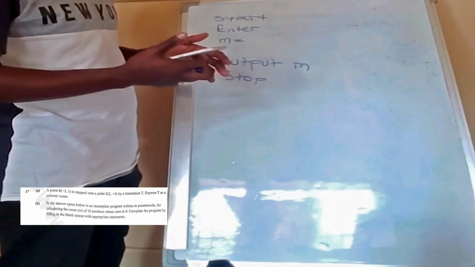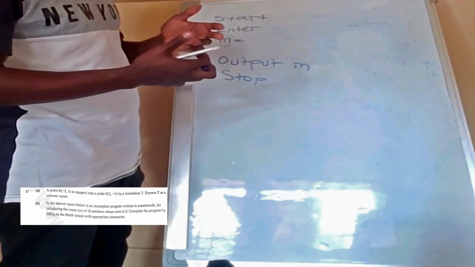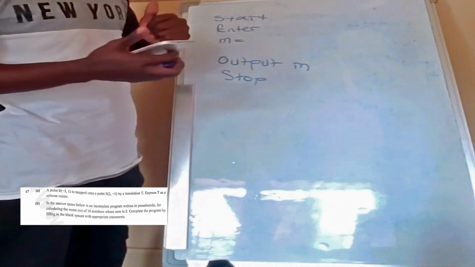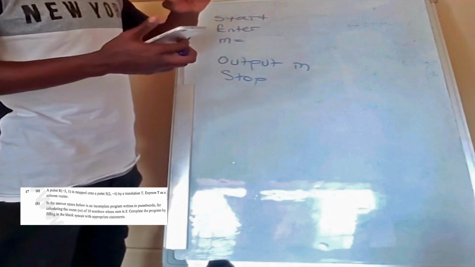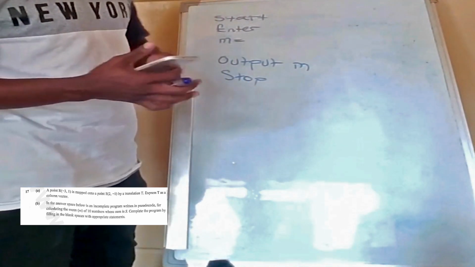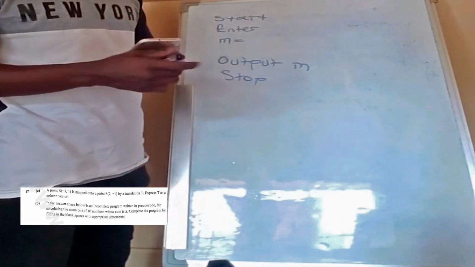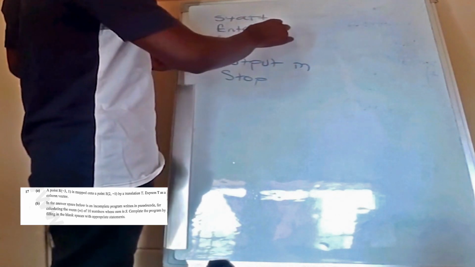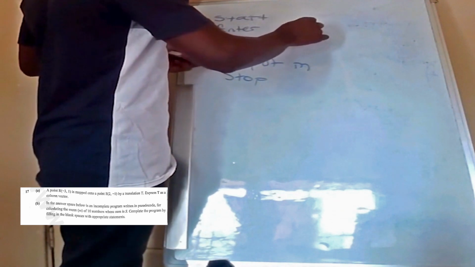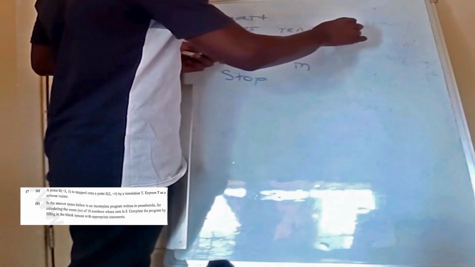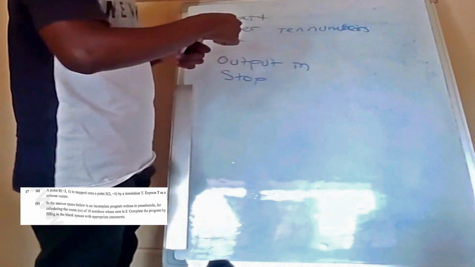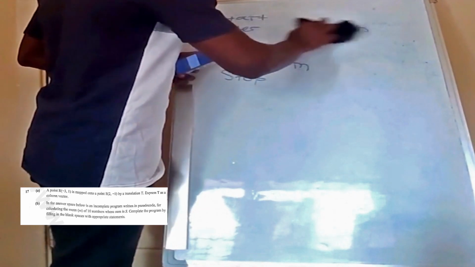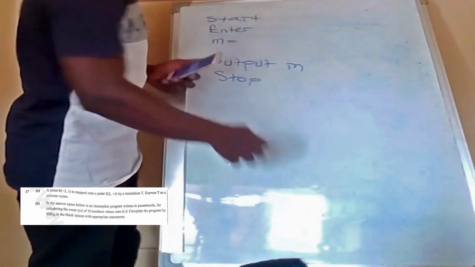So you're told this is a pseudocode for calculating the mean m of 10 numbers, and these numbers have a sum of s. So what are you going to put on your enter? You might put anything. You can put enter 10 numbers, or in some cases you might put anything to denote 10 numbers.